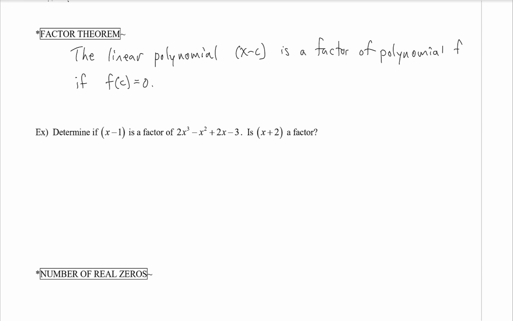So let's try it. For this one, determine if x minus 1 is a factor of that cubic. This has a 0 of x equals 1, so let's plug that in. 2 times 1 cubed, 1 squared, 2 times 1 minus 3. And that works out to be 0. So by plugging a 1 in, and its associated y value is 0, I just found a 0. We've wound our way back to what we started with in the last section: when you plug in an x, if y is 0, you just found a 0.